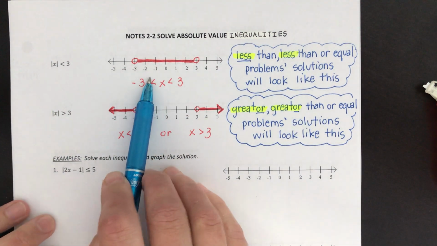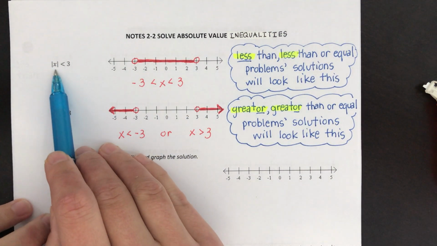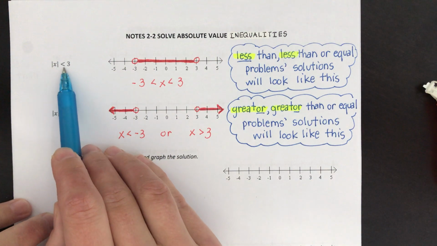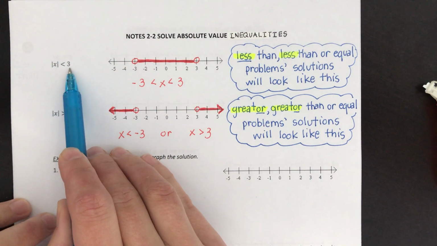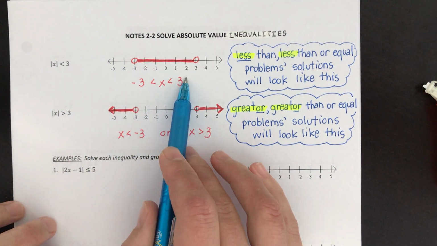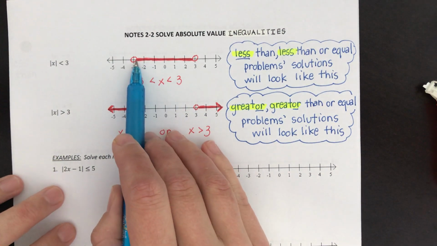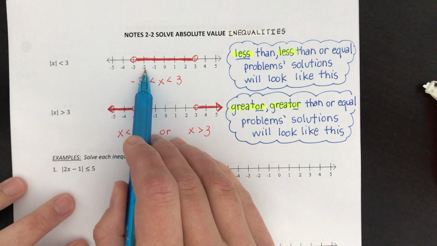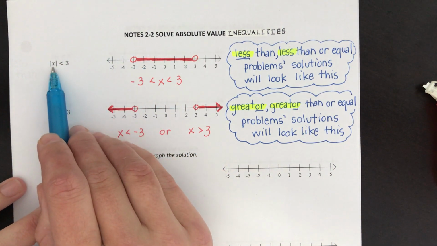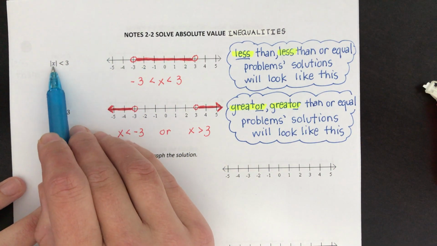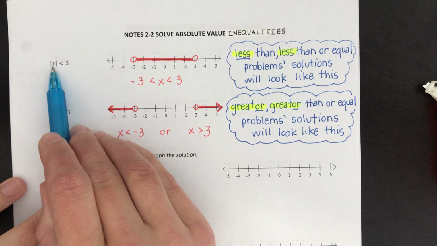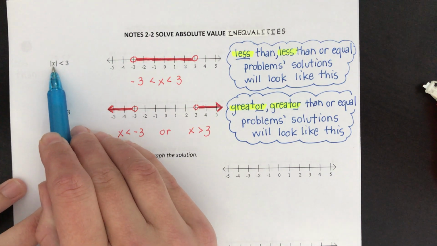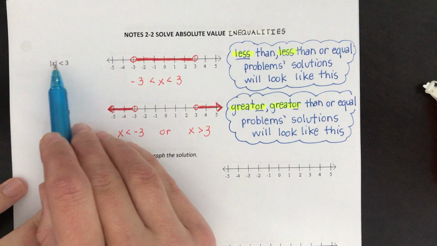So for this first problem, the absolute value of x is less than 3. Why is this the solution? Well, think about any value within this shaded region. I'm going to pick -2. If I plug -2 in for x, that states the absolute value of -2, which is 2. 2 is less than 3.